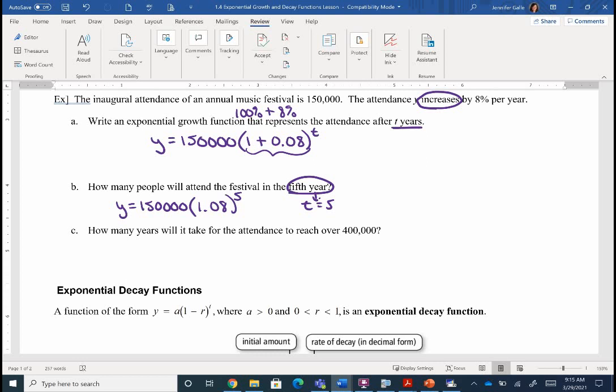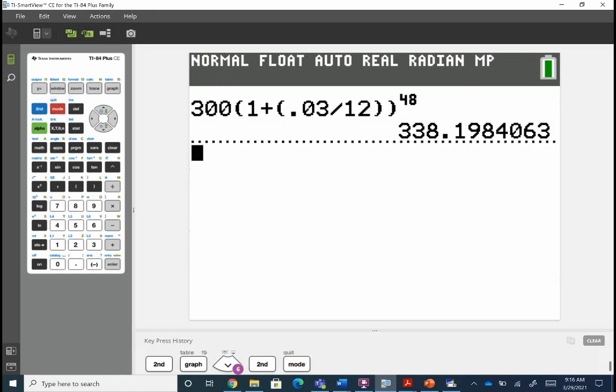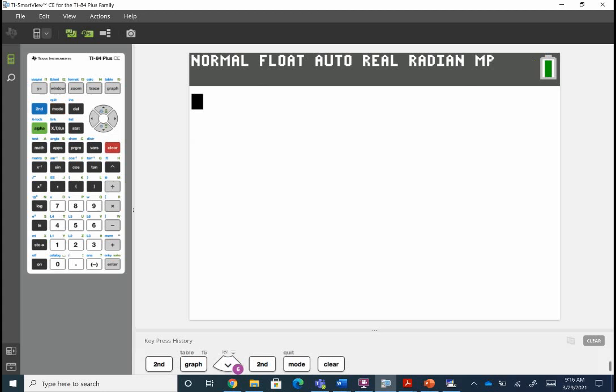So let's go to our calculators and figure out roughly how many people are going to attend this festival in the 5th year. If you turn your calculators on, and let's say you pop up to a table or a graph, to get back to your home screen to enter this calculation, press your second key and then the mode button right next to it.